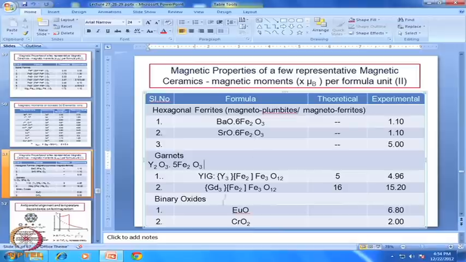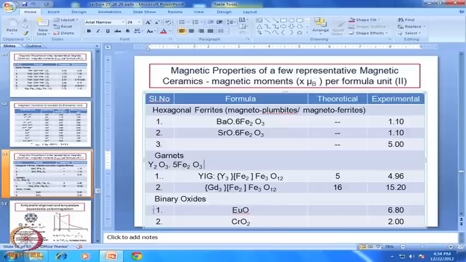So, the distribution of the ions, as we have mentioned earlier, this is in the dodecahedral site, and this is an ABC kind of structure. I'll discuss them later on, maybe. So, these are all garnet structures.